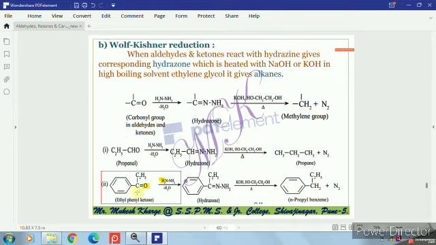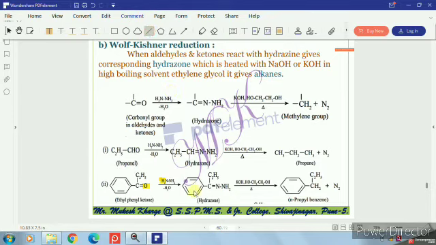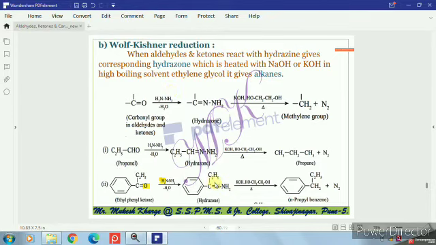It removes water and this carbon forms a double bond with nitrogen. So we get a hydrazone. Then break this bond between carbon and nitrogen and add hydrogen to this carbon. So what we get? C double bond N gets converted to CH2 and N2 is removed. Okay. So ethyl phenyl ketone gives n-propyl benzene as your product. This is Wolff-Kishner reduction. Specific reduction gives alkane as a product.